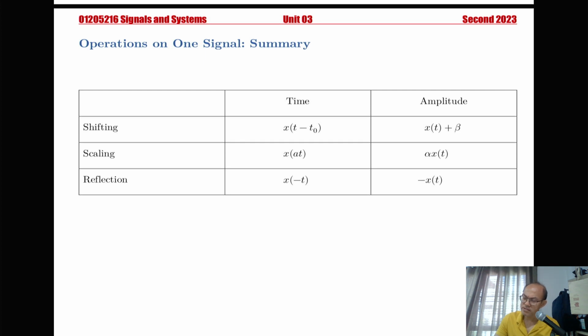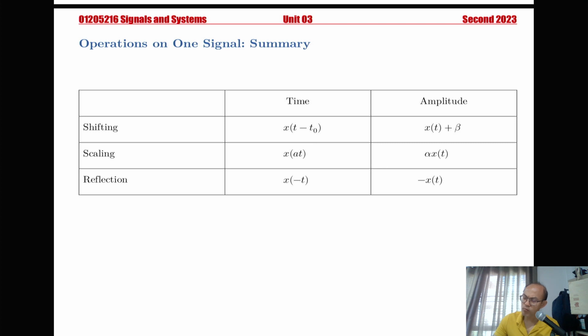If we are shifting in time, we are subtracting the time t0 that we want to shift from the variable time t. But if we shift in amplitude, we are adding something to the value of x. This is amplitude shift. We do it outside of the parentheses, but if we do time shift, we do it inside the parentheses.